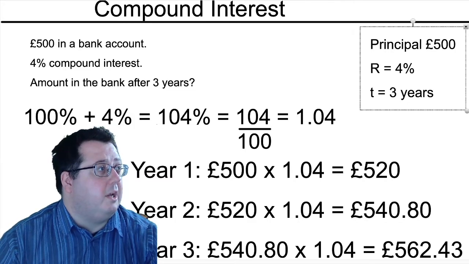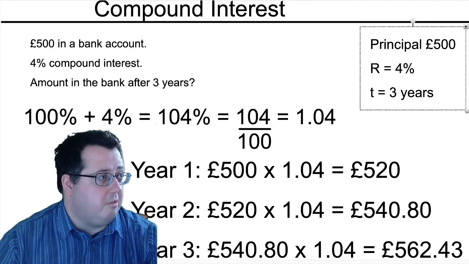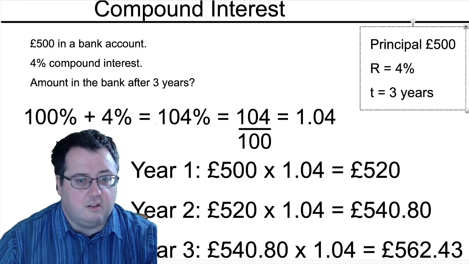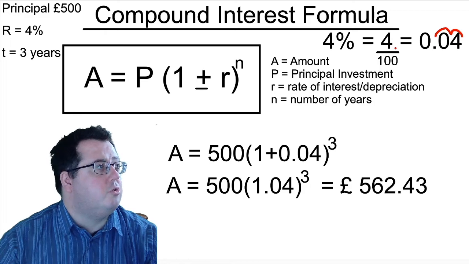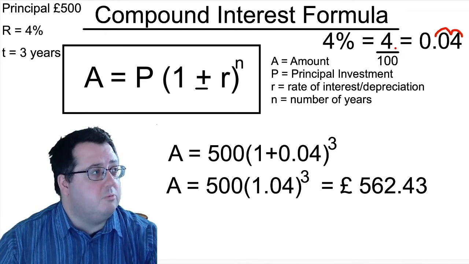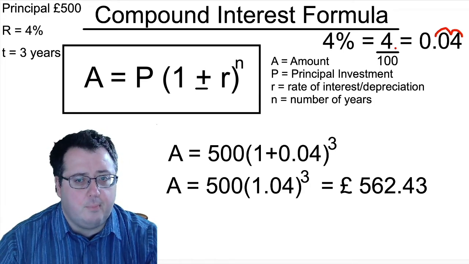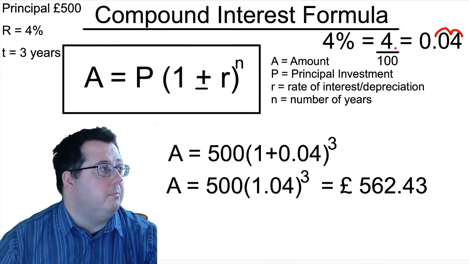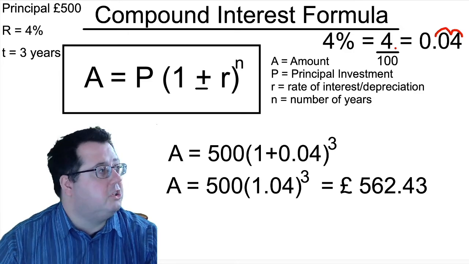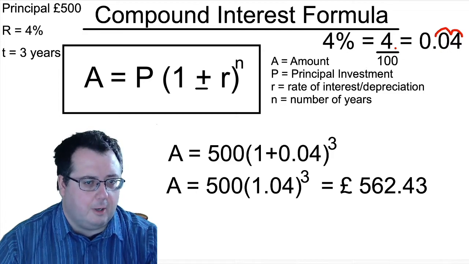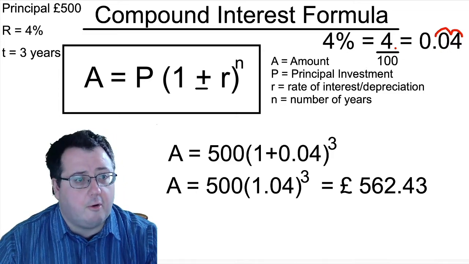So I had to work out year 1, then year 2, then year 3. Instead, using the formula, I can jump straight to the final answer, which is really useful in more complicated problems, and I will show you a more complicated problem in a little while. But let's go through another quick example.